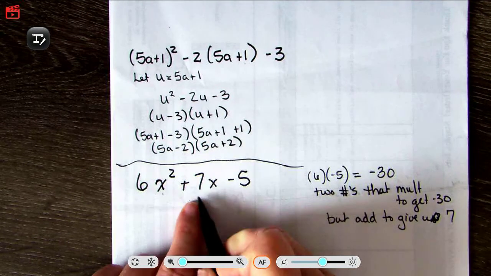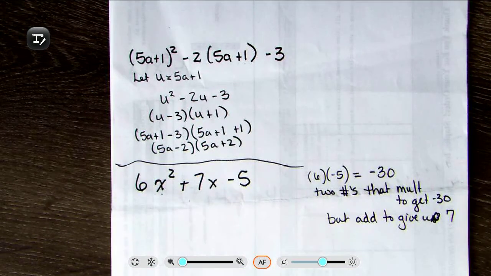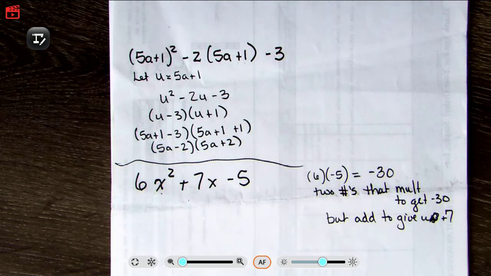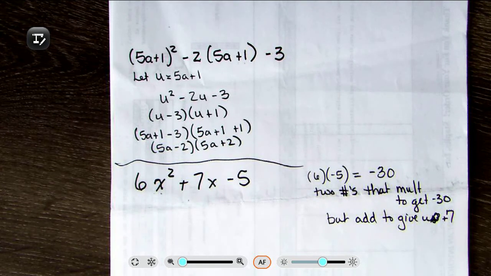So the middle term, that positive 7. Two numbers that multiply together to give us a negative 30, add together to give us 7. And we want a positive 7. Multiply to give a negative 30, add together, give us a positive 7.